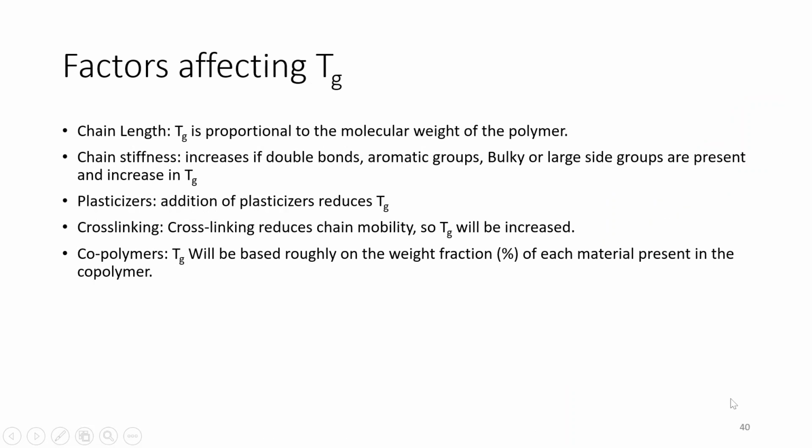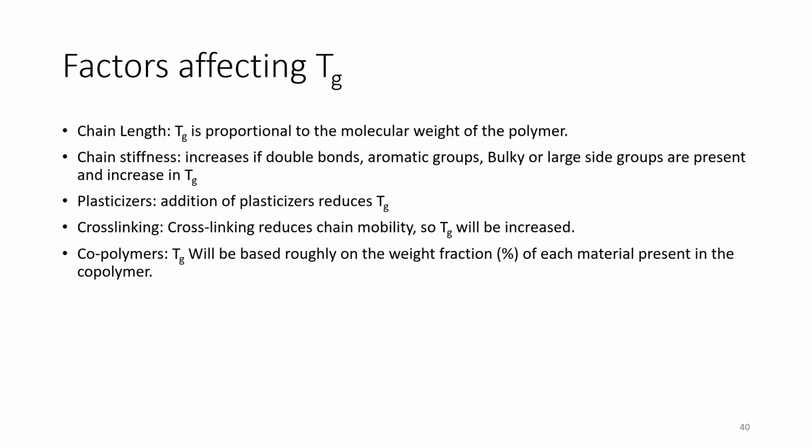Next is factors which affect glass transition temperature, Tg. So the chain length: Tg is proportional to the molecular weight of the polymer. As you keep on increasing molecular weight of the polymer, your Tg will increase.